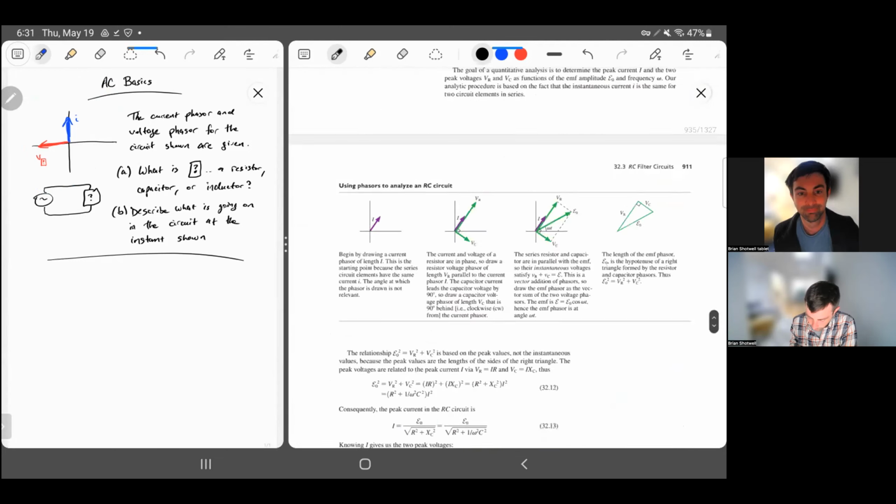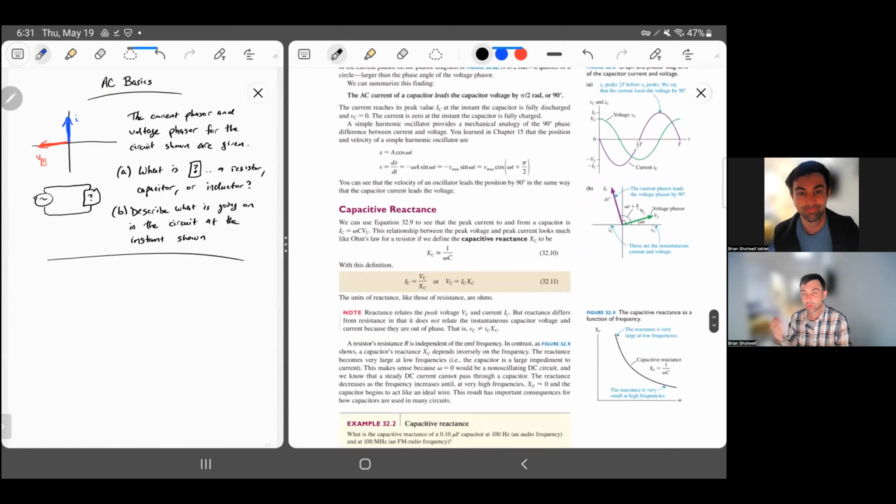The hint for why this might be, or the way I remember this, is that it's sort of a cause and effect relationship. Whatever comes first is the cause, and then this is the effect. So in a capacitor, you start with a capacitor where nothing interesting is going on. There's no charge on it or anything.